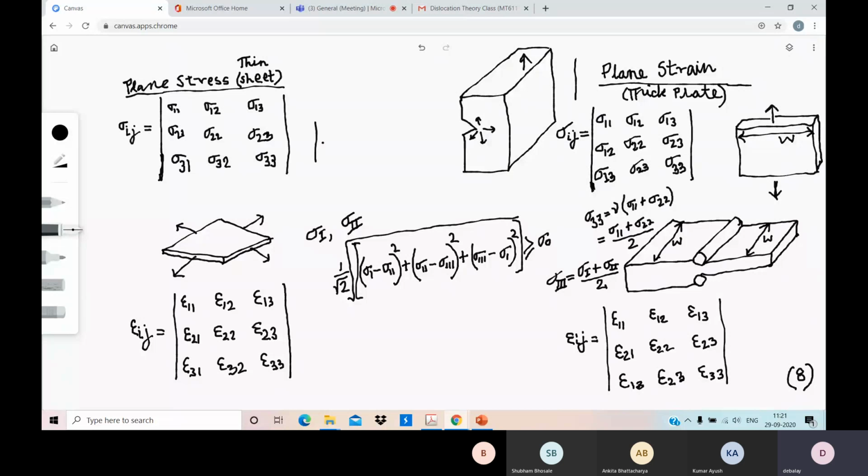If I use a thin specimen, not very wide, then if you apply a uniaxial stress, it will be really uniaxial. On the other hand, if you use a thick specimen, then there will be more constraint, or if there is a notch, then there will be more constraint and your loading will become triaxial.